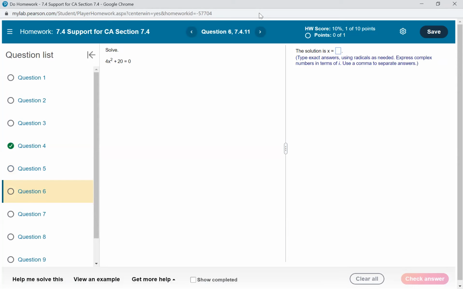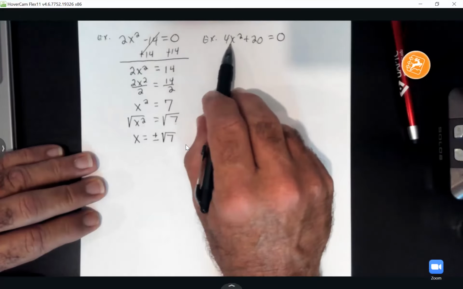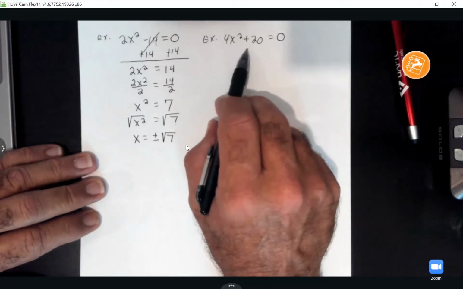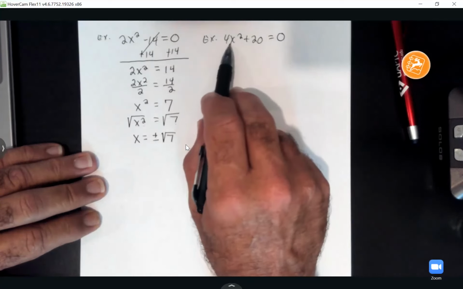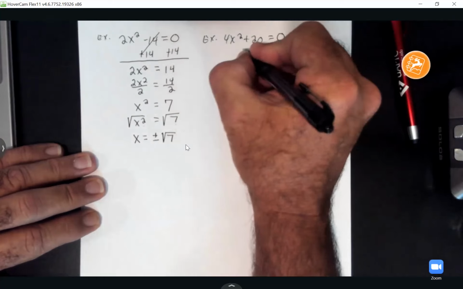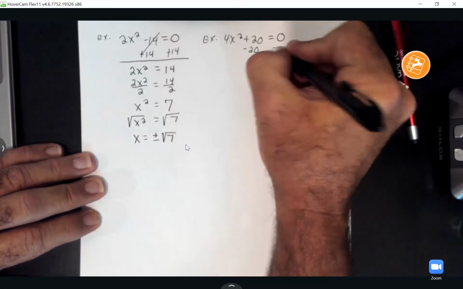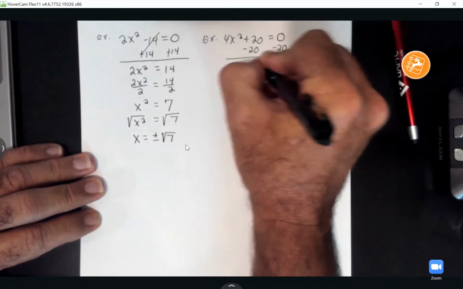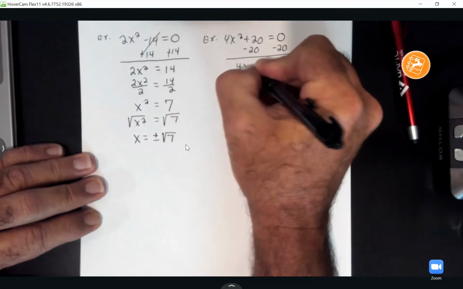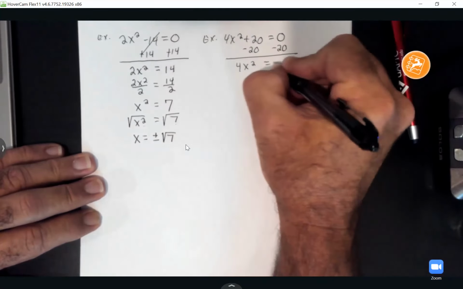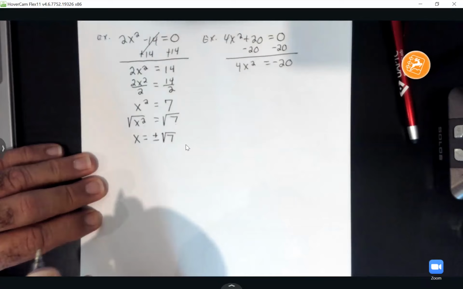So I'm going to share that. x squared again, there's no x. So I'm going to get the x squared by itself and do the square root stuff. So I'm going to subtract 20. So I get 4x squared equals negative 20.